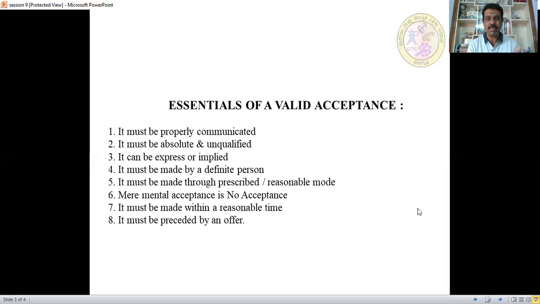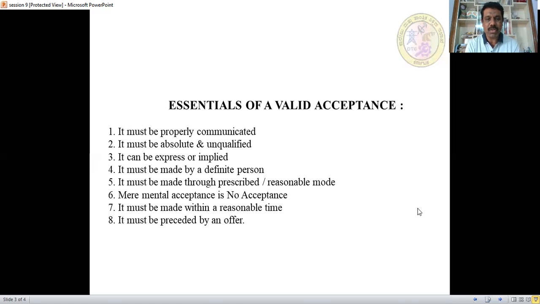So there should be some expression, either through words, body language, gestures or conduct. So mere mental acceptance is no acceptance of the offer.